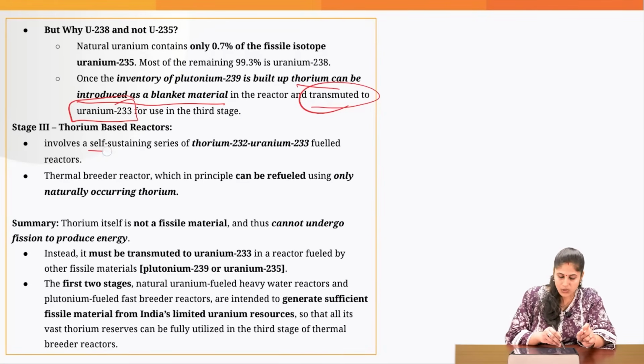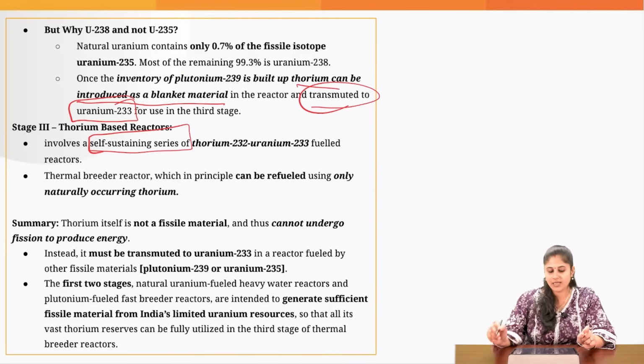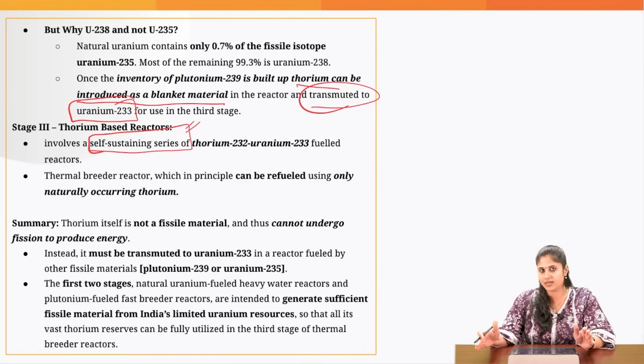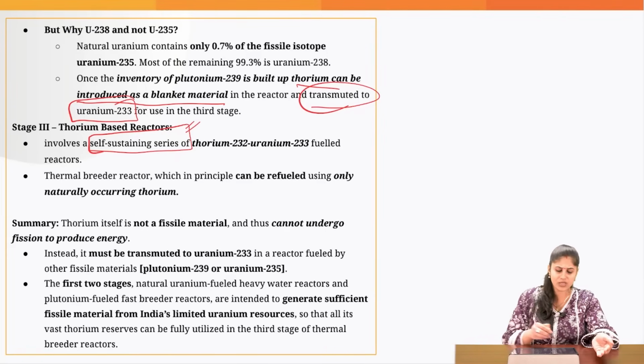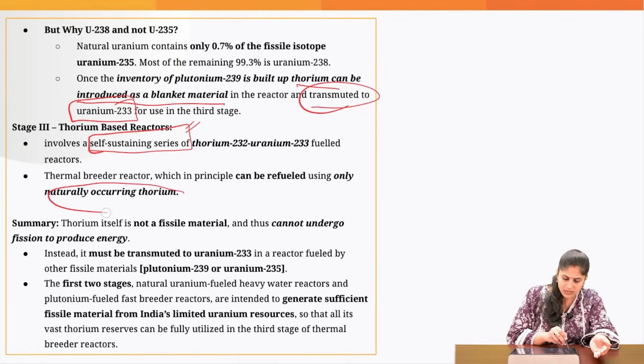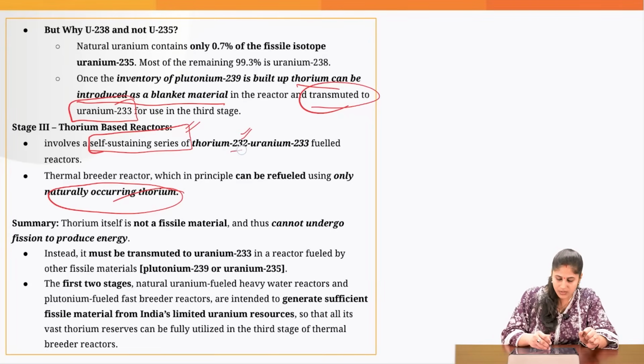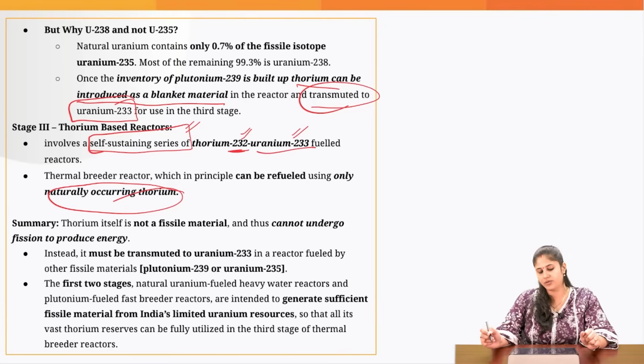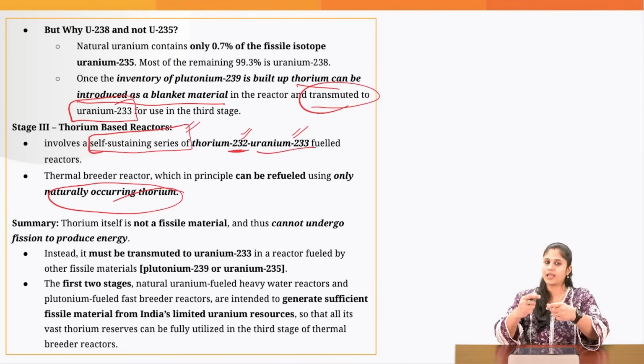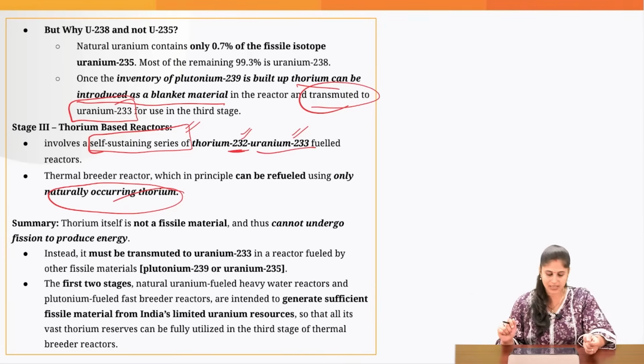So now you can continue the self-sustaining series of fission reactions in the third stage of thorium-based reactors, and here you can directly use the naturally occurring thorium 232, and together with the fissile uranium 233, they would continue the self-sustaining fission reaction.